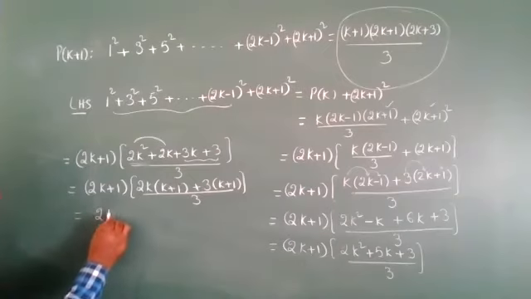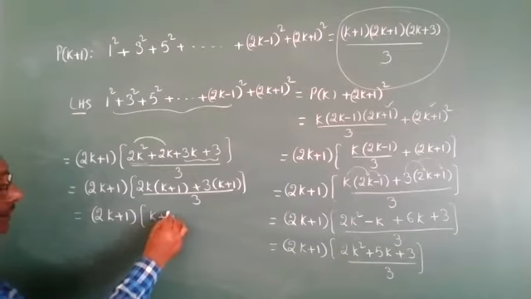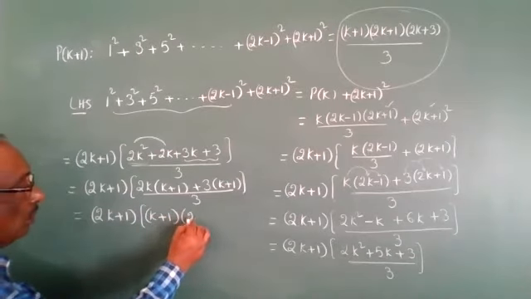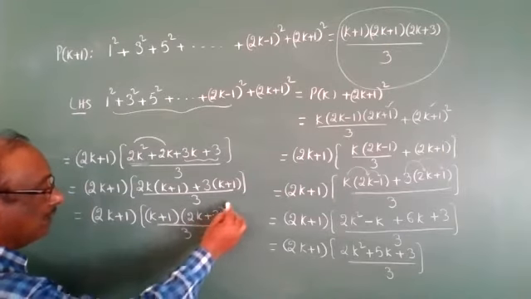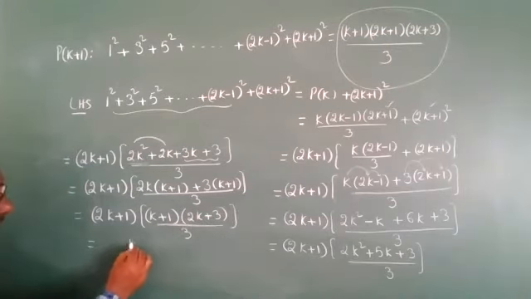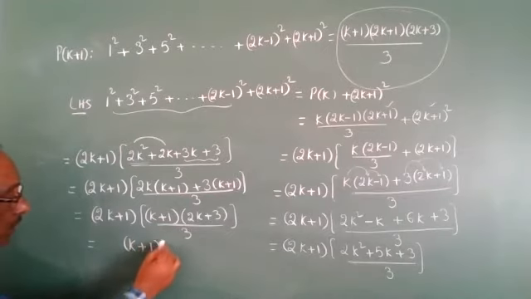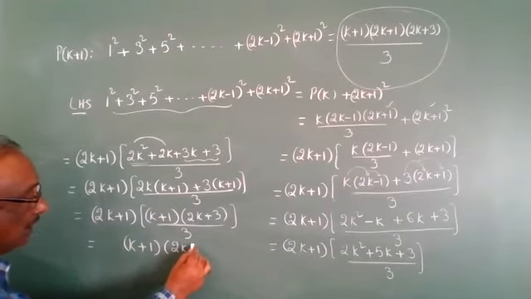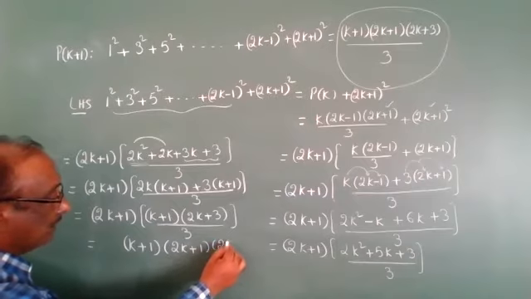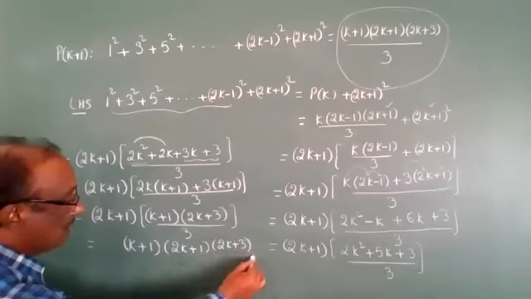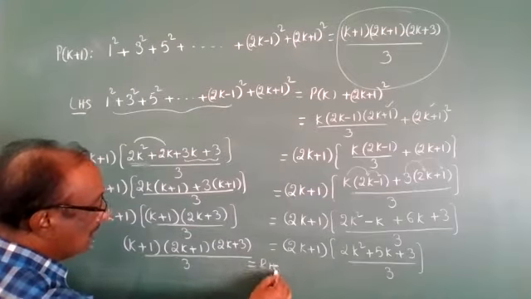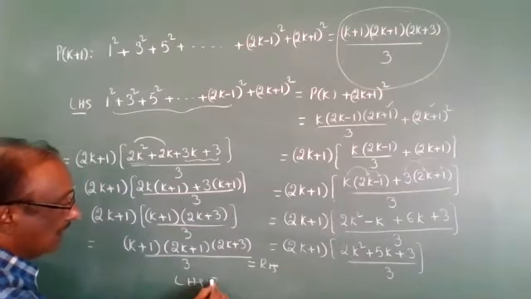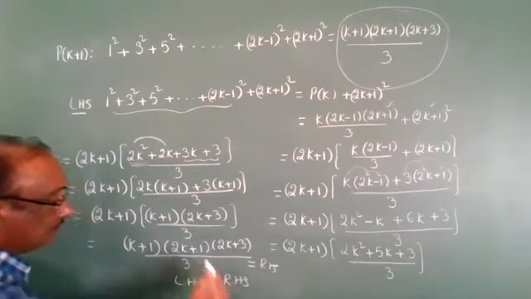So 2k plus 1, k plus 1 take common. What remains is 2k plus 3 upon 3. Same RHS: k plus 1 into 2k plus 1 into 2k plus 3 upon 3. We get the RHS. Now write down LHS is equal to RHS, hence proved.